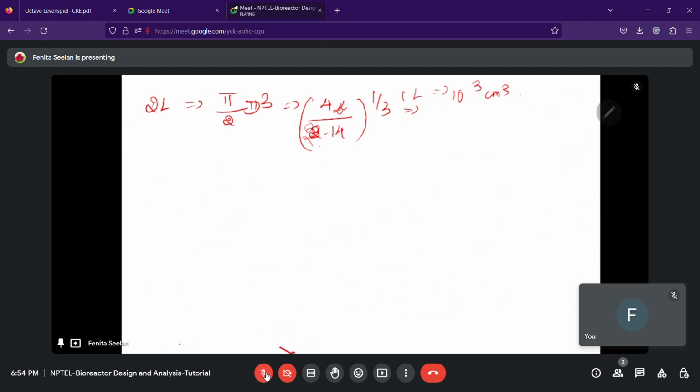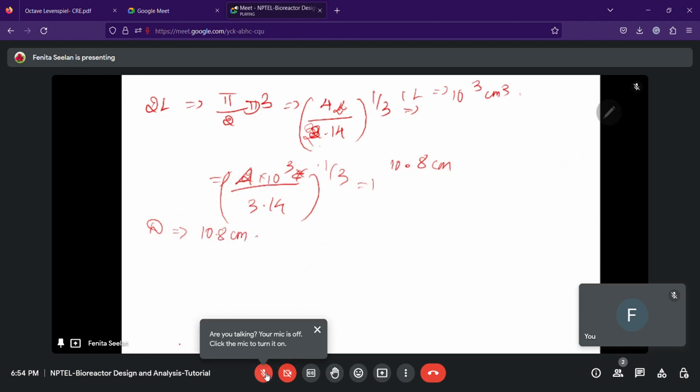How it will become 2 into 10 to the power 3. Let's see. 10.8 centimeter. So your D value will be 10.8 centimeter.